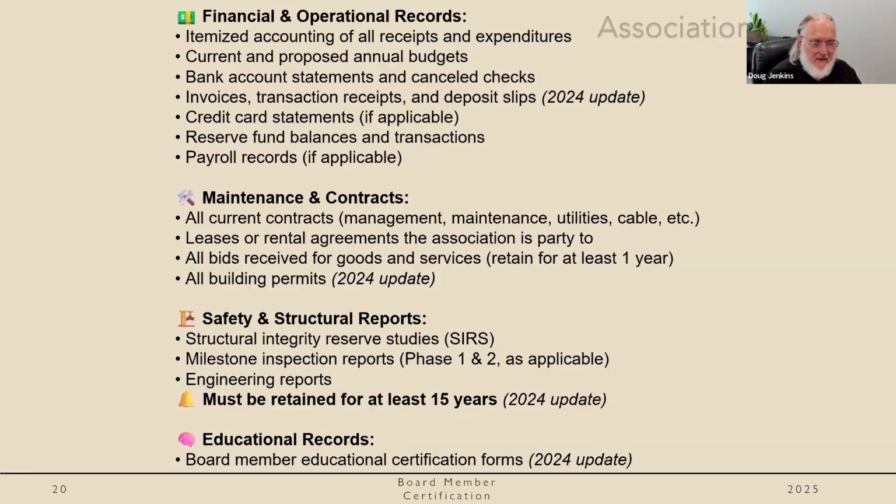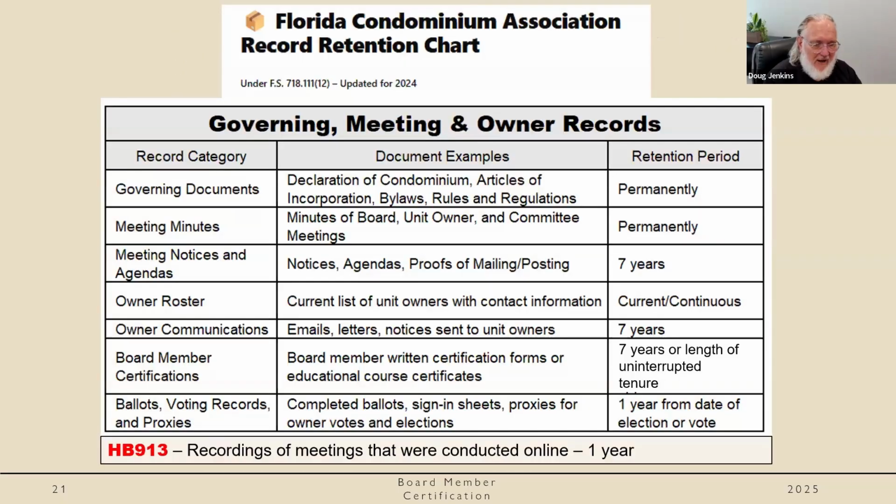official records. So we put together a little chart for you that indicates how long each of those have to be saved. So your governing documents, all of those, including any amendments, have to be saved permanently. The meeting minutes of any board, unit owner, or committee meetings have to be saved permanently.